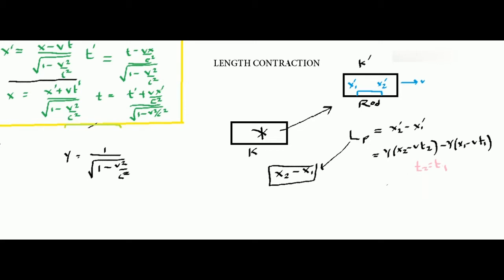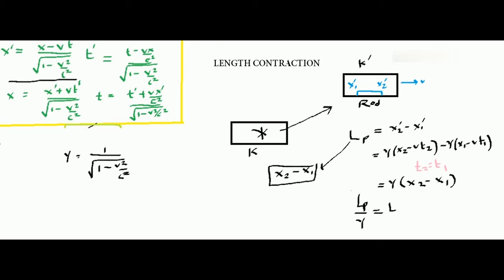So what am I left with? I am left with gamma (x2 minus x1). So you see that I can write proper length by gamma is equal to length measured. What do I mean by proper length?